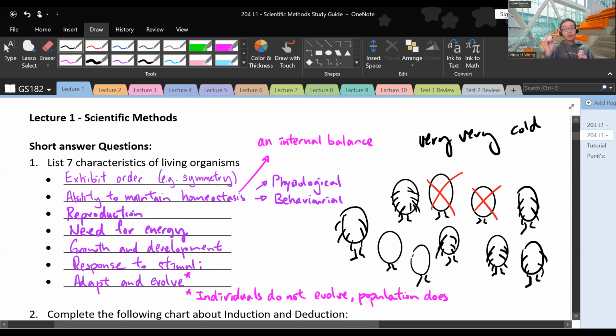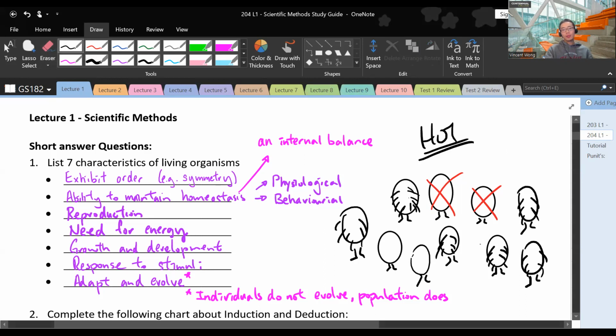It's not the individual that evolves. It's not like the one that doesn't have fur all of a sudden is able to grow fur because of the cold environment. It doesn't work like that. To have the fur, you have to have the genetic predisposition for that trait. Now, what happens if the very cold era has ended and a volcano erupted and it becomes super hot?